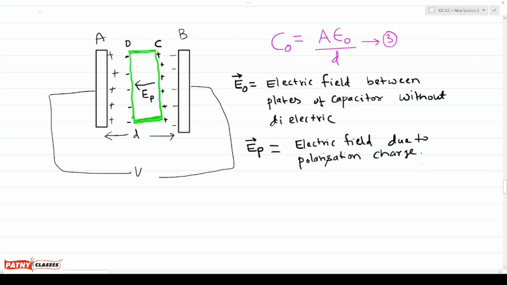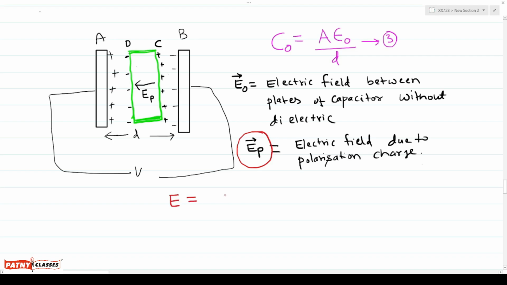When we apply the potential between the plates of the capacitor with dielectric, the dielectric material undergoes polarization, and due to polarization an electric field is produced. That electric field is denoted by vector EP, and it is exactly opposite to the electric field between the plates without dielectric material. So both are opposing. E is the resultant electric field.